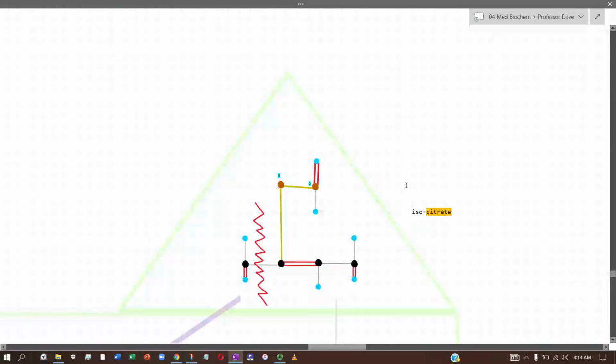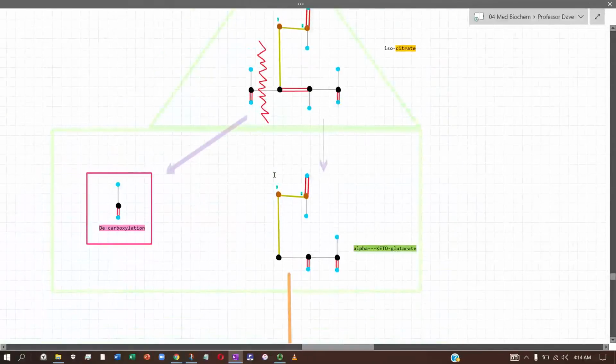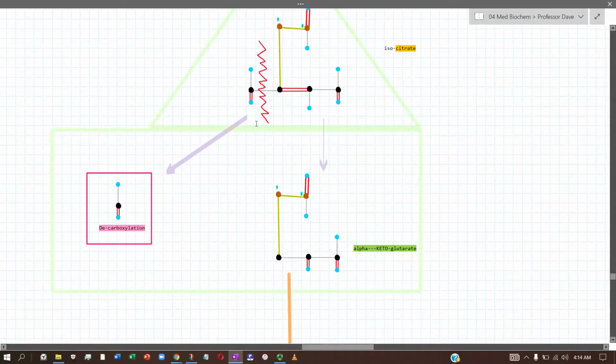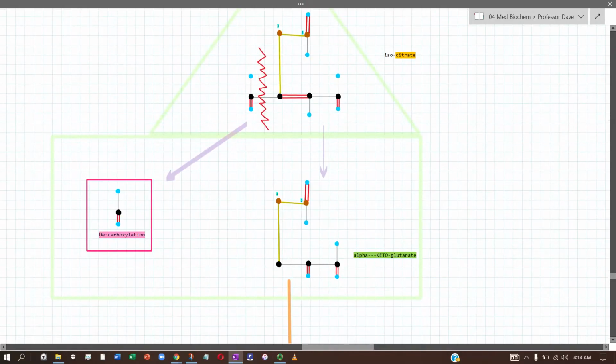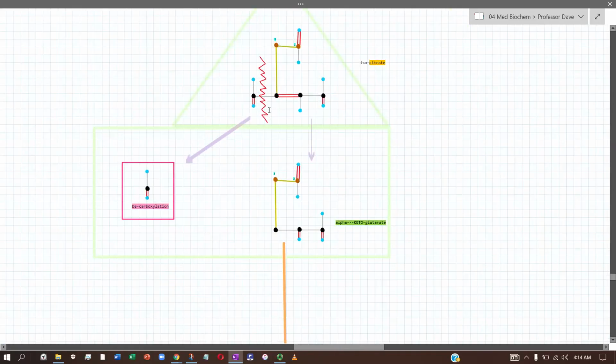So what happens next? Well, you have isocitrate, and there's going to be another split of this molecule. I drew with this red squiggle how this bond was going to get severed, and that's how you achieve, once again, decarboxylation.